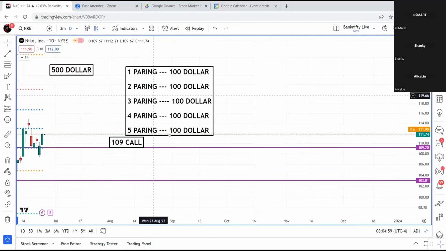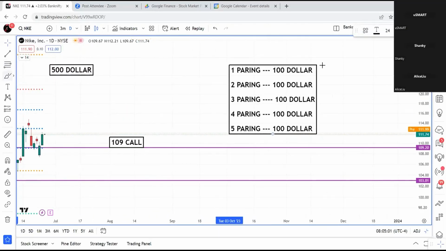If you are stuck in one pairing and it's not giving you anything, what happens is like recovery: if you are in loss, the second pairing will give you more than that, or the third pairing will help you out, or maybe the fourth pairing will help you out, and maybe the fifth pairing will not give you anything.